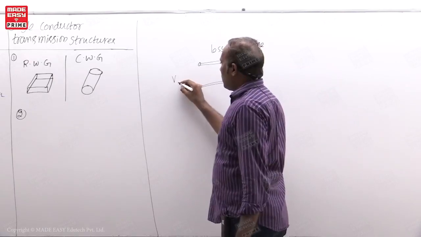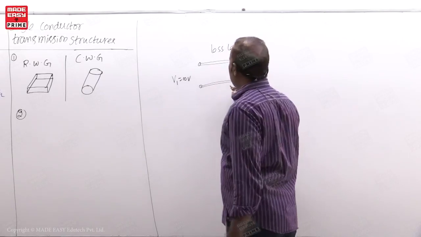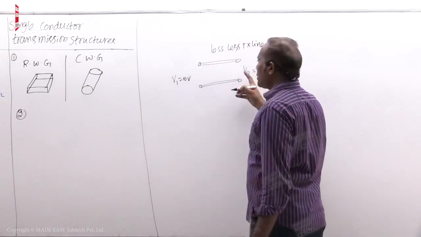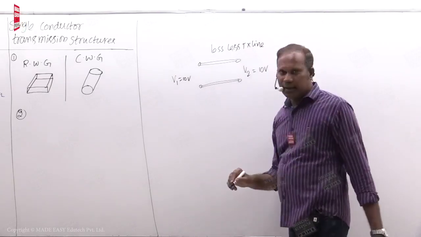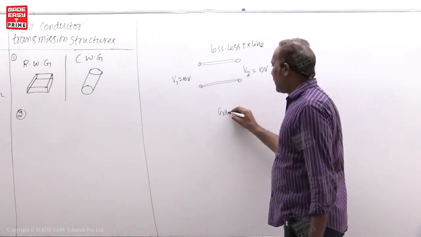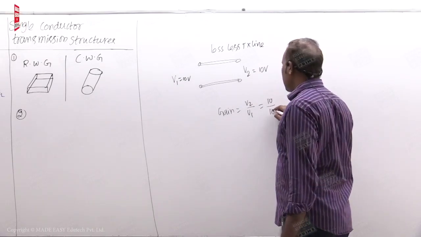Now V1 equal to 10 volts you are sending at the input side. Then at the output side, how much will you receive, students, if it is lossless? Definitely 10 volts only. Then what is the gain? Gain is equal to output voltage by input voltage, that is 10 by 10 equal to 1.